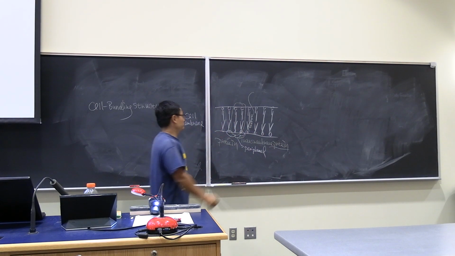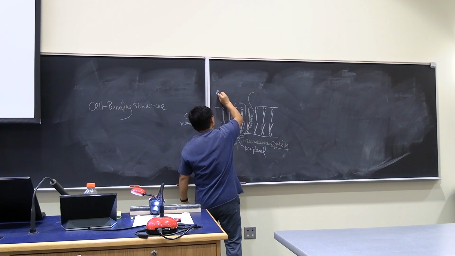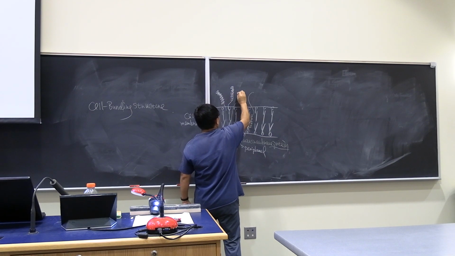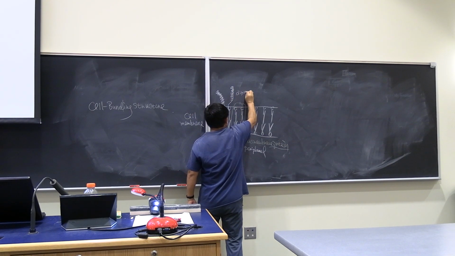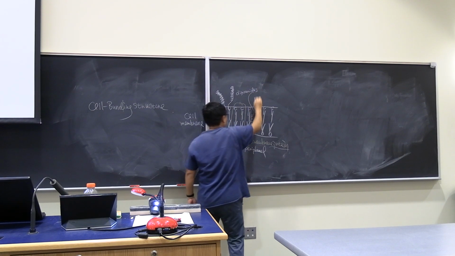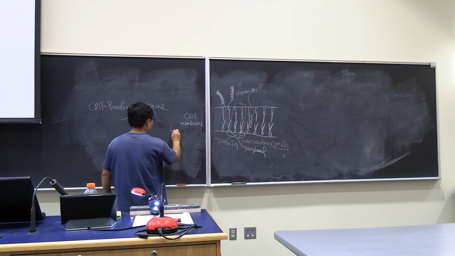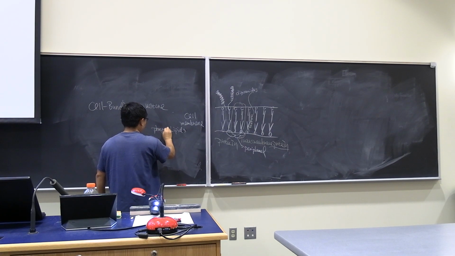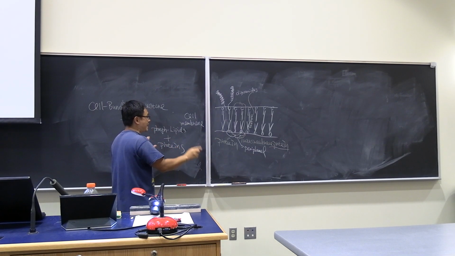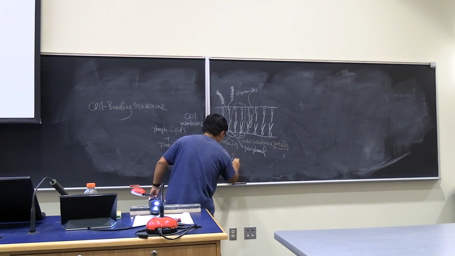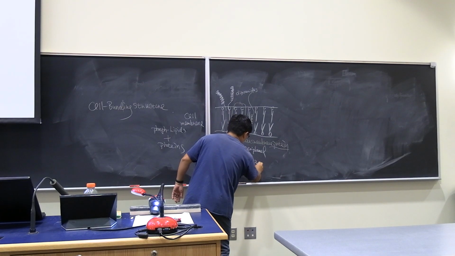Now sometimes you're also going to see something like this. That's sugar, oligosaccharides. It's a minor component. But the major components of the cell membrane are lipids, phospholipids plus proteins. And they are in a balanced moving status. We call it the fluid mosaic model.